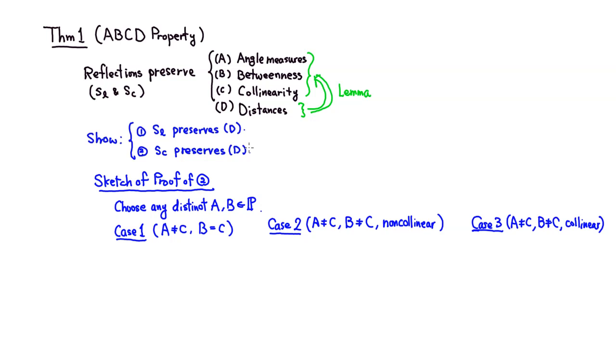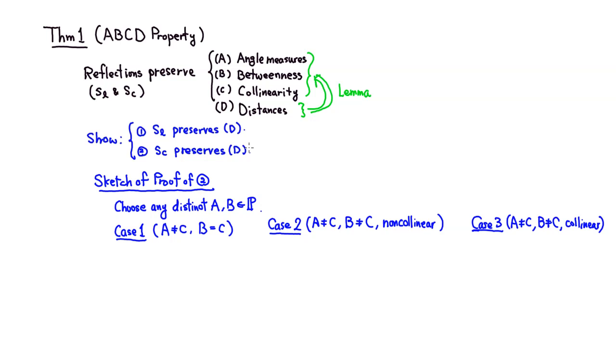We're going to start with any distinct points A, B from the plane. We know that if they are the same point, and you map it, it's going to end up with the same point. So we're just going to assume that there are two different points, A and B. There are a few cases we can consider.